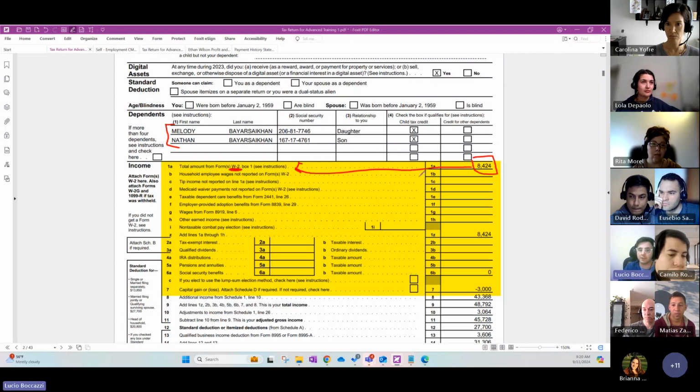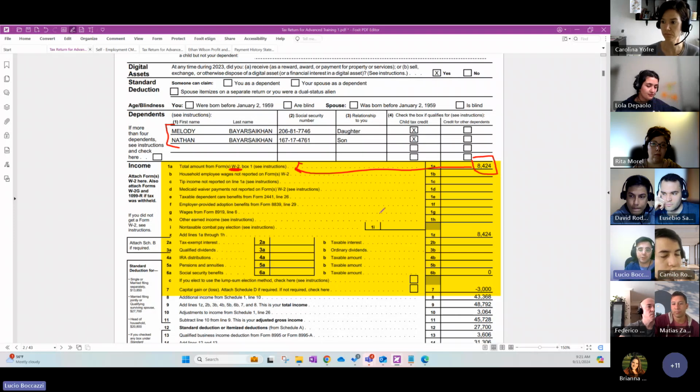Anything that you find here in additional income sources or in the Schedule 1, if they are still receiving them, they will need to add it to the application, and they will need to address them the normal way, just like you learned in the past. Yeah, perfect. Thanks. That was my question.